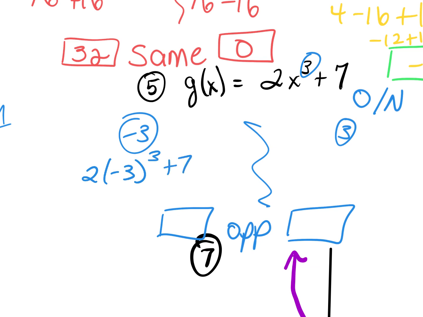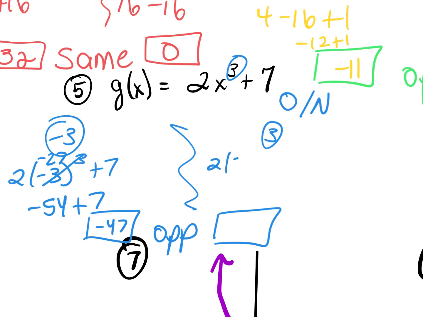What's -3 cubed? 3 times 3 is 9 times 3 is, okay, -27 times 2. -54 plus 7. -47, good.